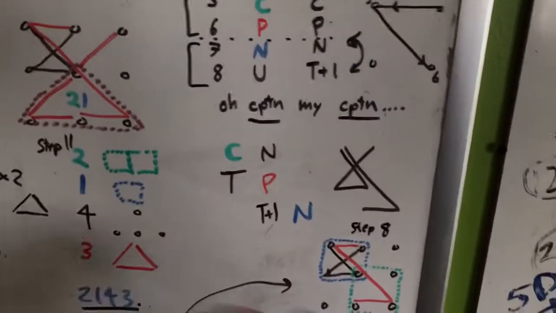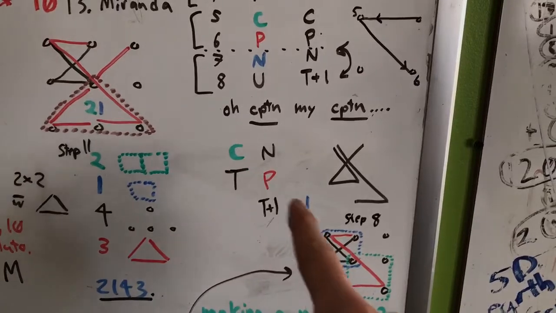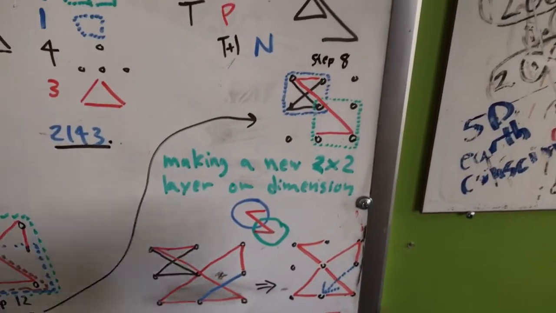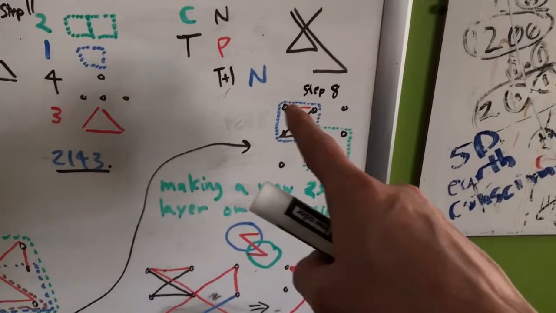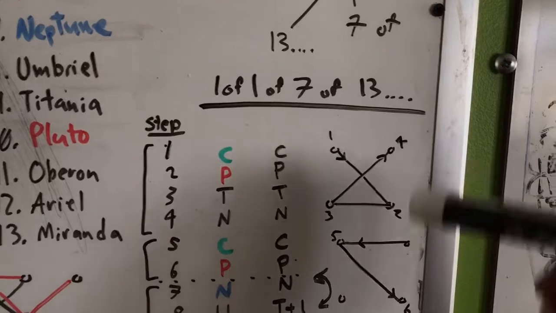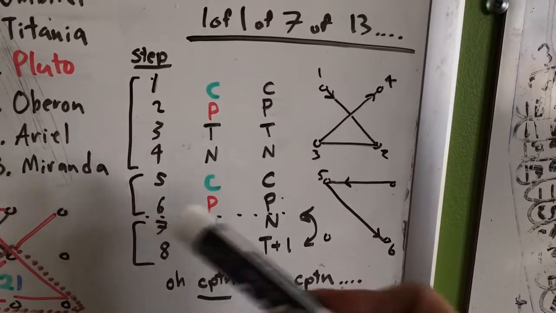So if step 8 brings you to here, okay, so again, it's CPTN, CPN, T plus 1. That's what that is. So you're making a new 2x2, okay? There's your original 2x2. That's day 1, okay? Day 1. I don't know if it ends here or if it ends here. It probably ends at 6.